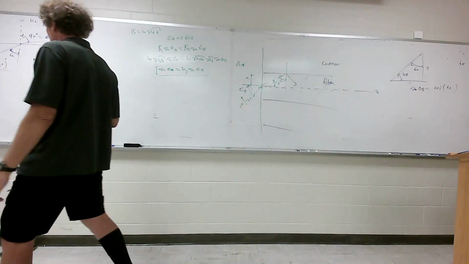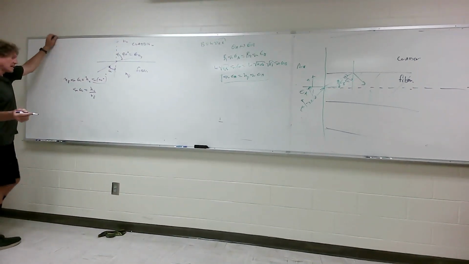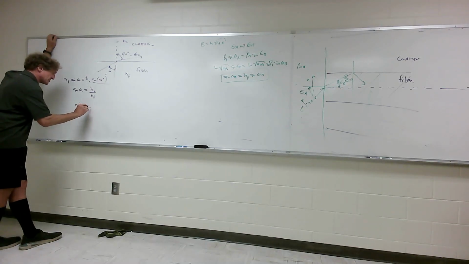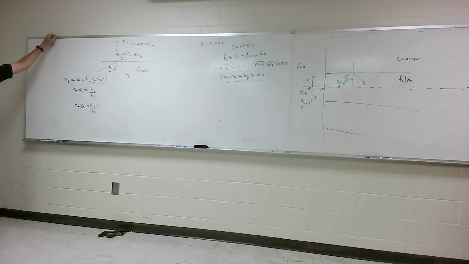I come over here, and I said, well, I've got this. What I'm going to do is the old trick. I'm going to square it. So I think he does it this way. Sine squared of theta C is equal to NC over NF, squared, you all with me? Just squared.